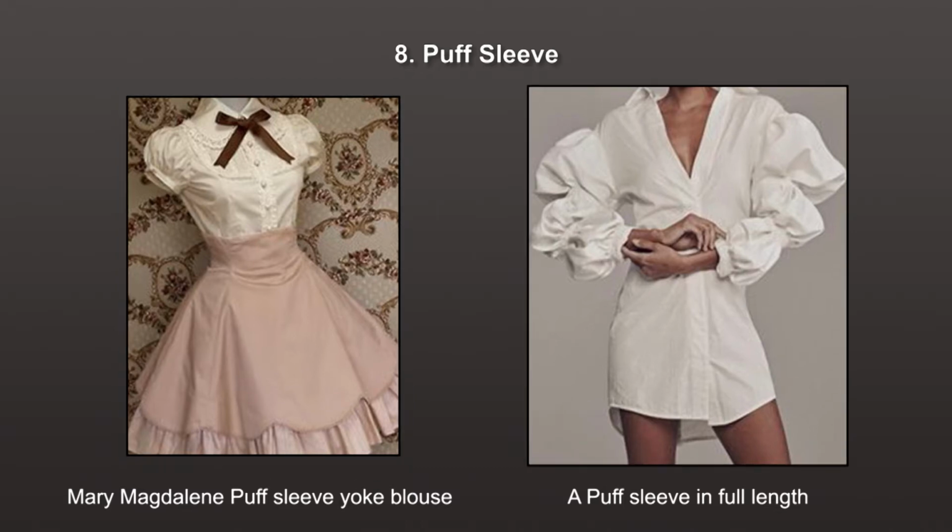The picture on the right shows a puff sleeve in full length. It has dramatic puffs at 3 places, and this effect is probably achieved either by gathering or by the usage of elastic.